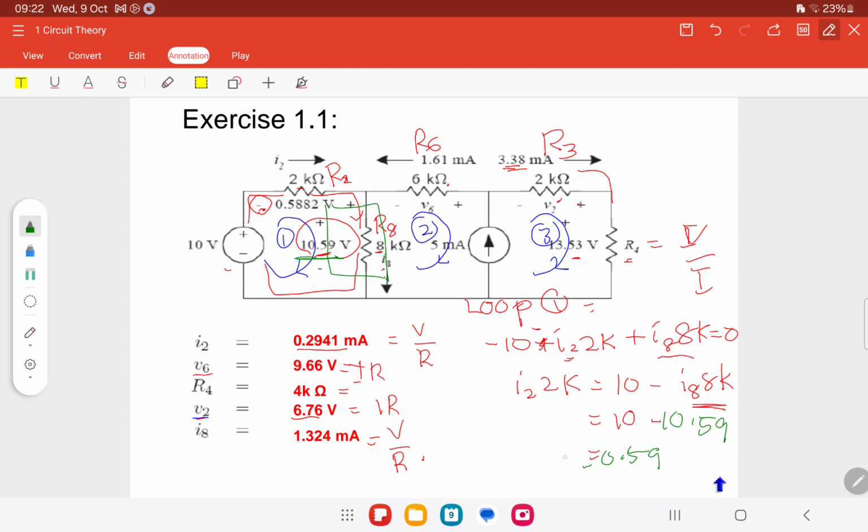So kat sini if kita nak ambil I2 over 2K, cuba bahagi, dapat tak? Dapat berapa? 0.59 over 2K. Berapa? What are the value?